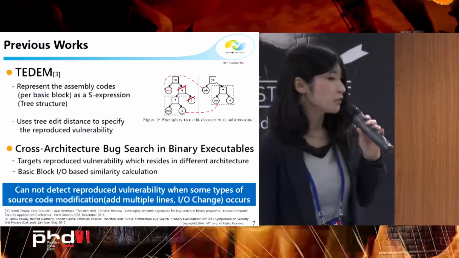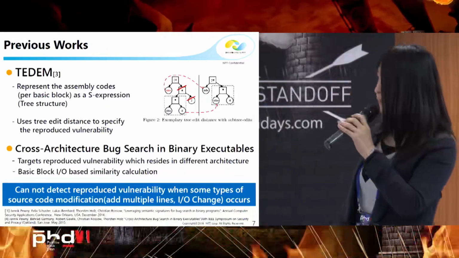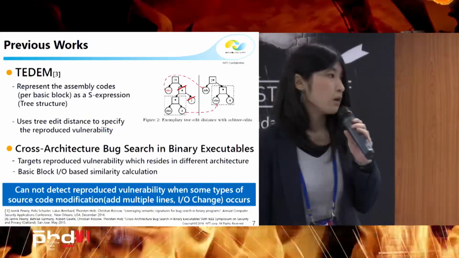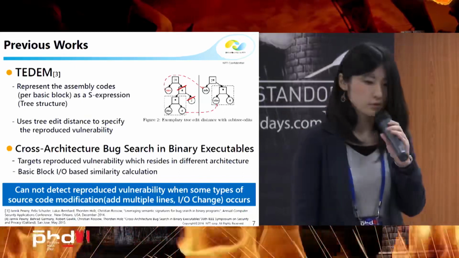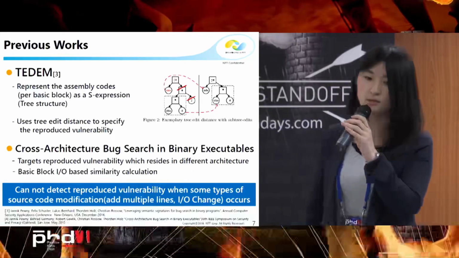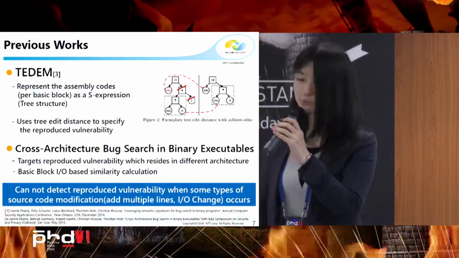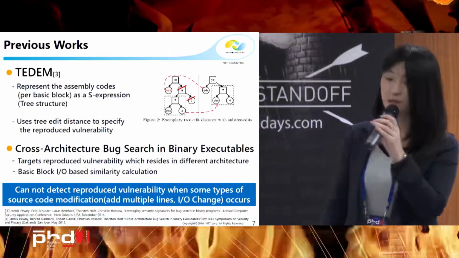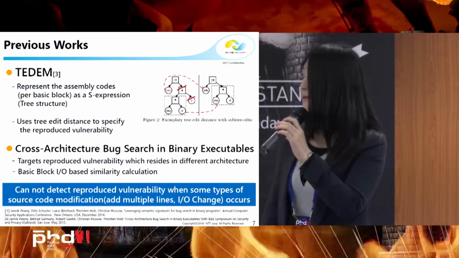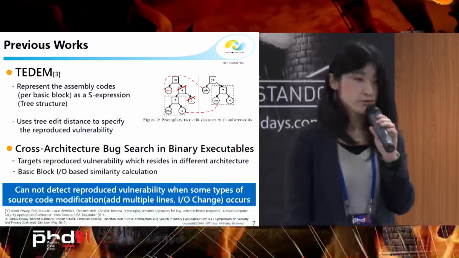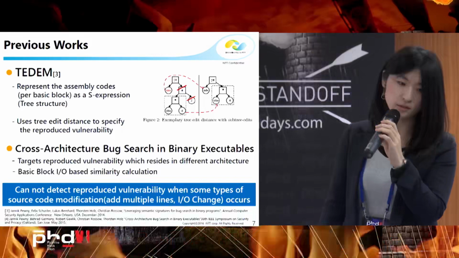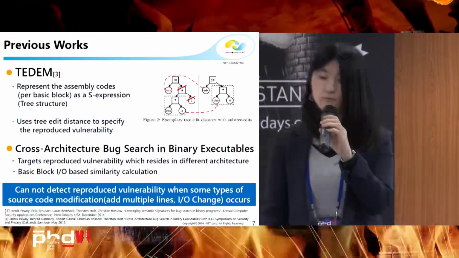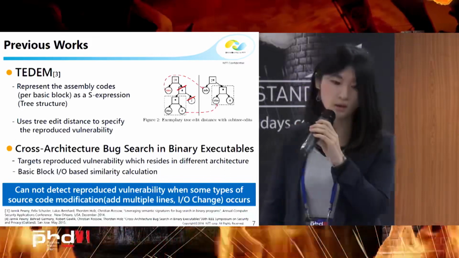Next, I want to talk about previous research on methods that target binary executables. There are two main studies. The first one is called TEDEM. This research represents the assembly code per basic block as an expression, which means a tree structure, and uses tree edit distance to specify the reproduced vulnerability.